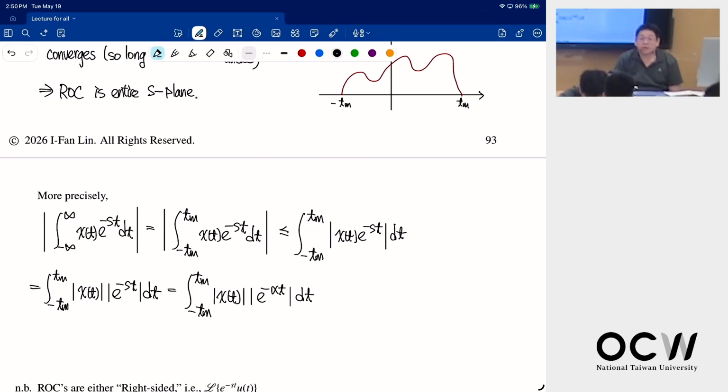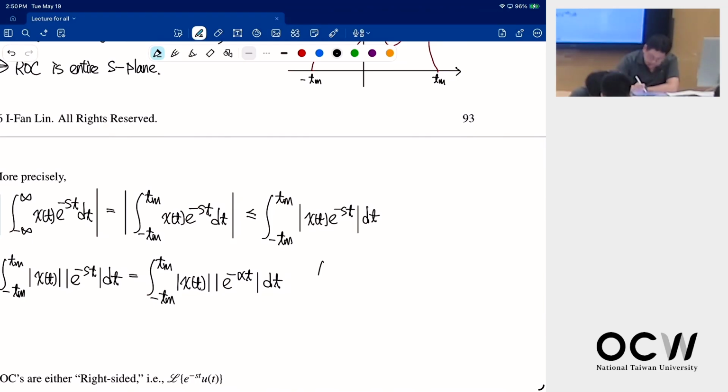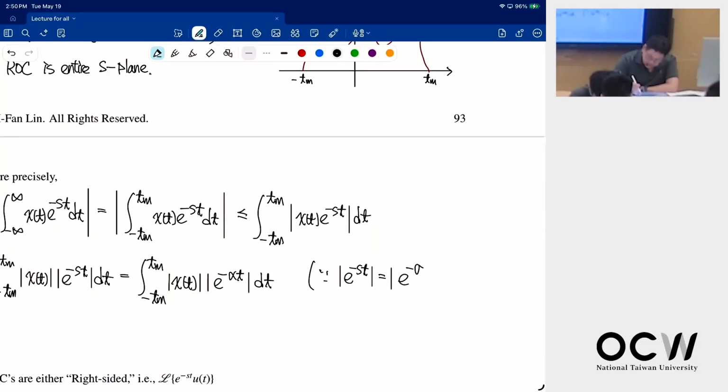Why? What is e to the minus st? S is, we use sigma plus j omega, right? So the absolute value of e to the minus st is equal to e to the minus sigma t.